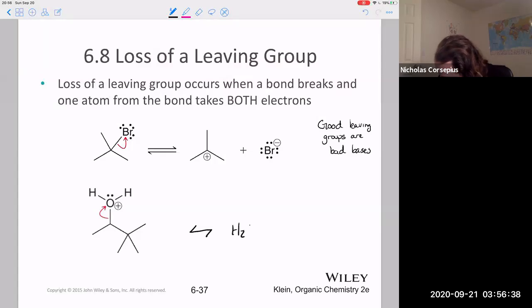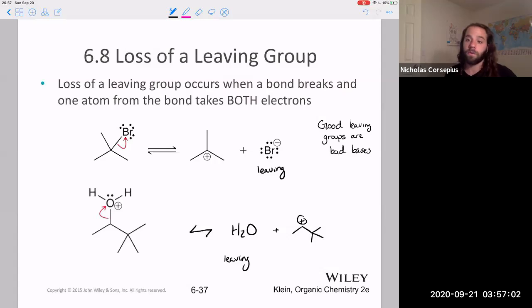I have water as my leaving group, and that's a great leaving group, okay? Because water is not a very good base. So I'd be left with a carbocation and a water as my leaving group in that reaction.